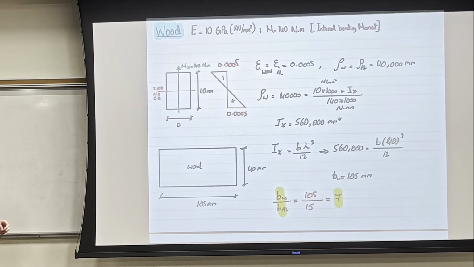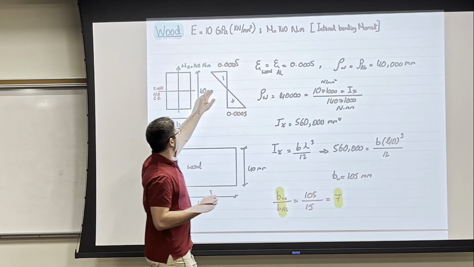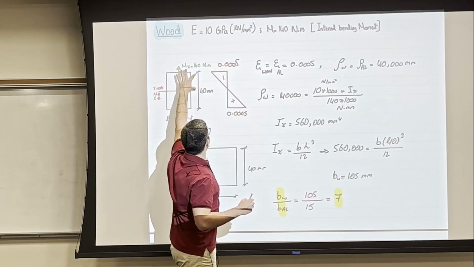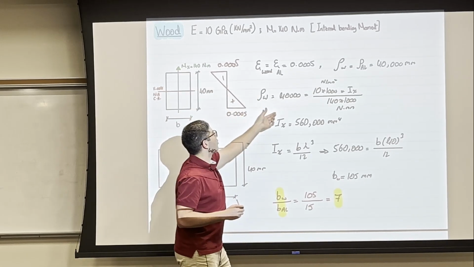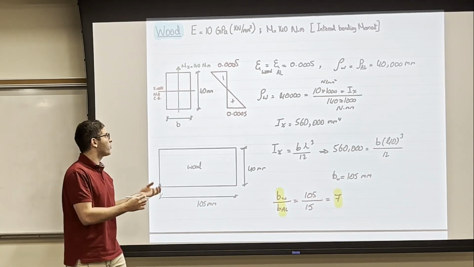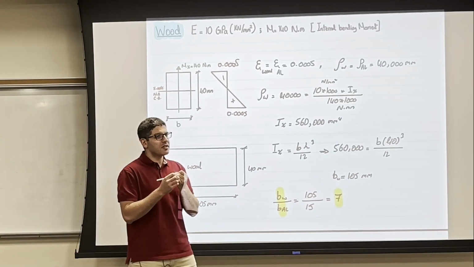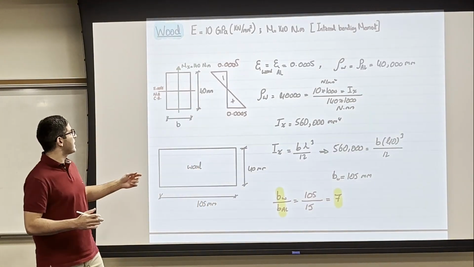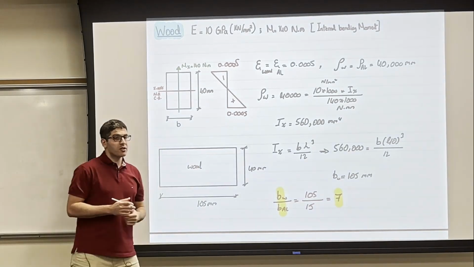Which is strain equal to y, which is 20, over rho, over 40,000. You're going to get 0.005. We didn't change anything. So now we came up with a cross section that will have the same radius of curvature, same strain, and same bending strain distribution.